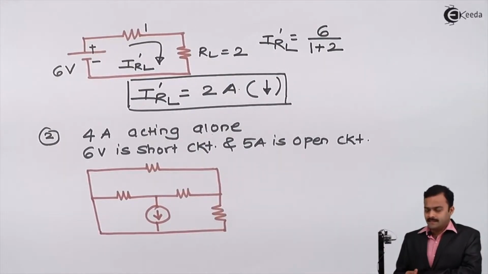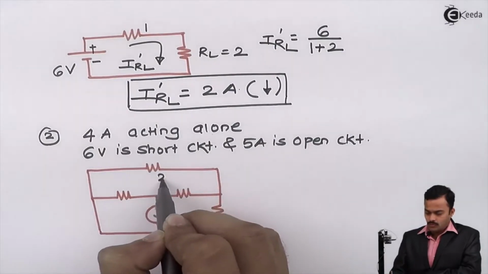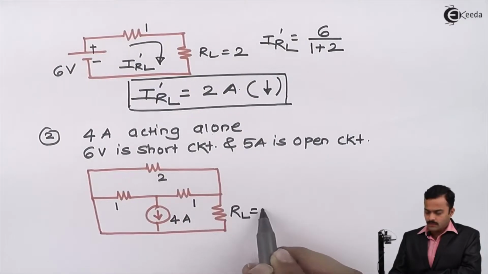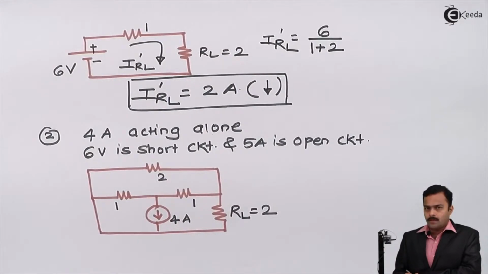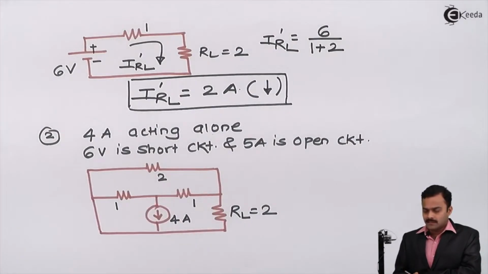So I will get this circuit having 4 ampere source, 2 ohm resistance, 1 ohm resistance, this is also 1 ohm and RL is equal to 2 ohm. Objective is to get current flowing through this branch. Here also it depends upon which method is more applicable in a circuit.